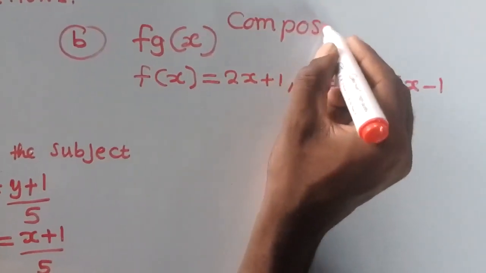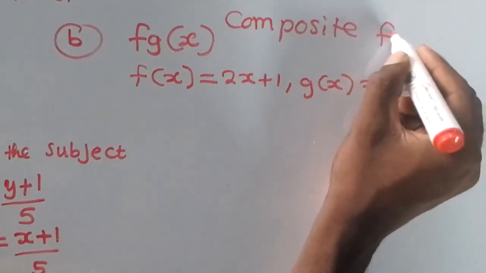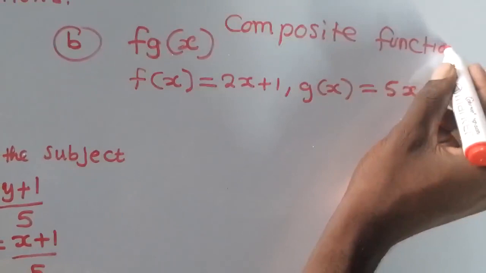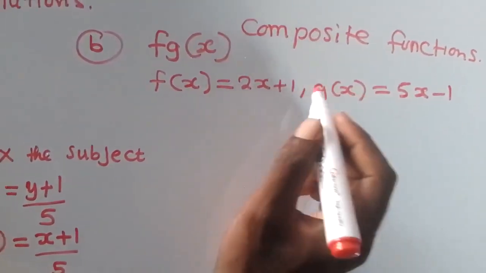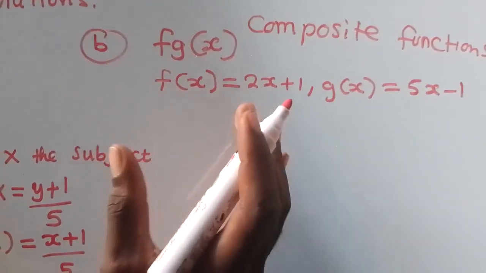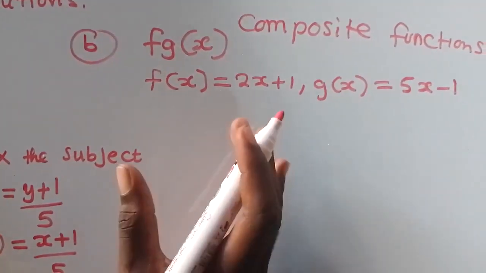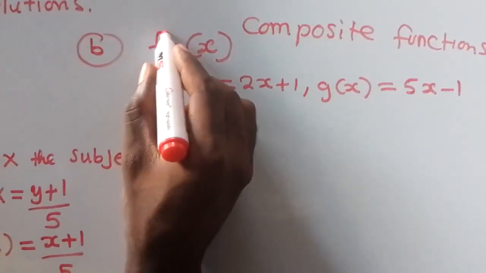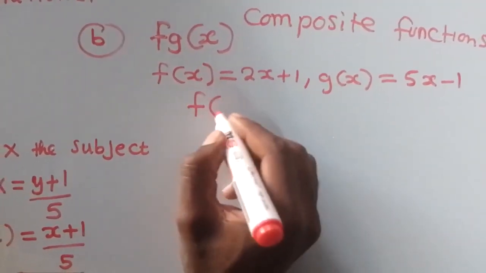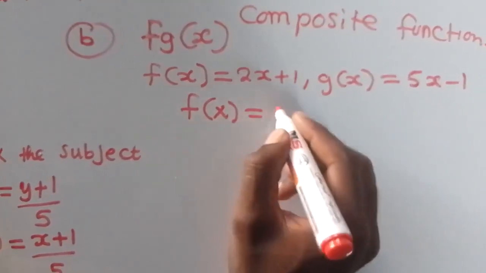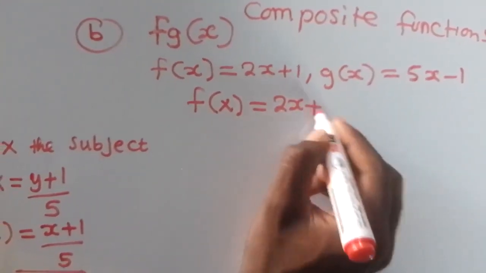These are called composite functions. Why? Because we are combining two functions to come up with one function. In other words, we are saying fg. So the first function is f. Then we know that f of x is equal to 2x plus 1.